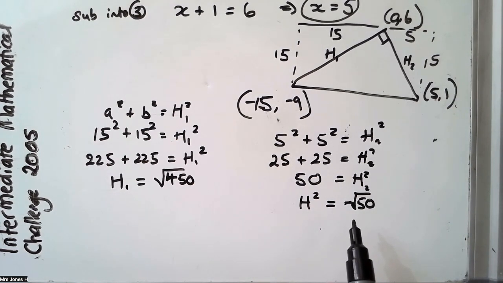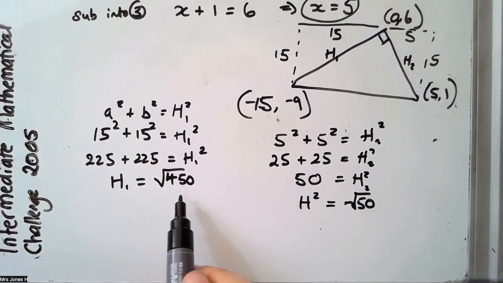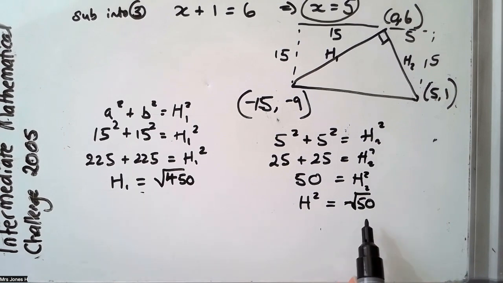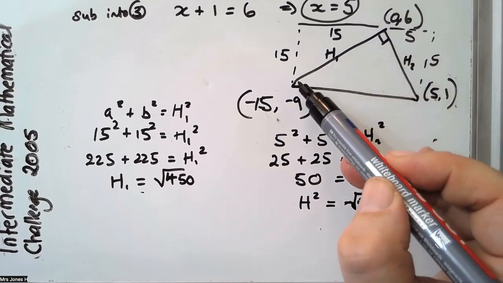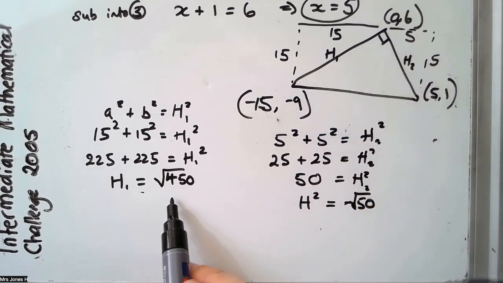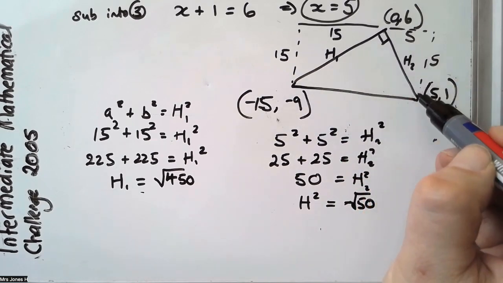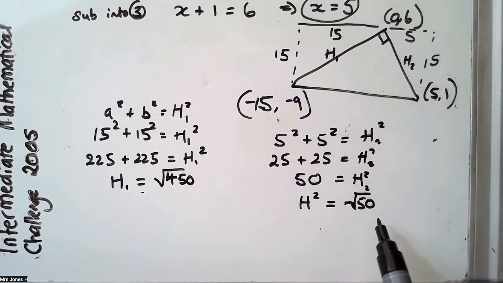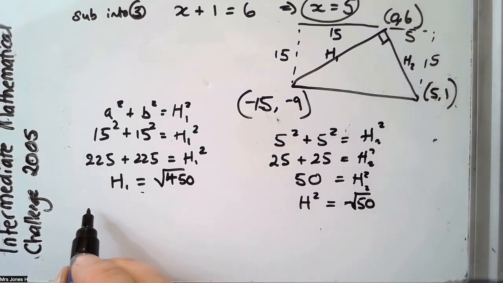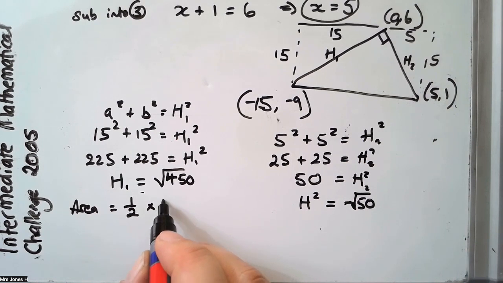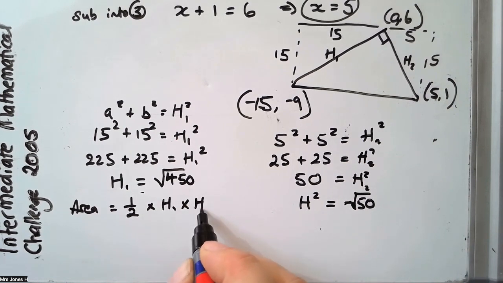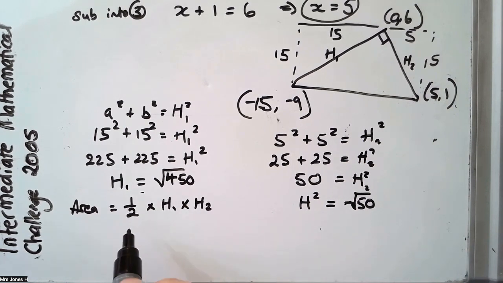Then we're working out the area of this triangle. We now have two perpendicular dimensions. We have this dimension here, which is the square root of 450. We have this dimension here, which is the square root of 50. The area of the triangle equals a half multiplied by base multiplied by height.